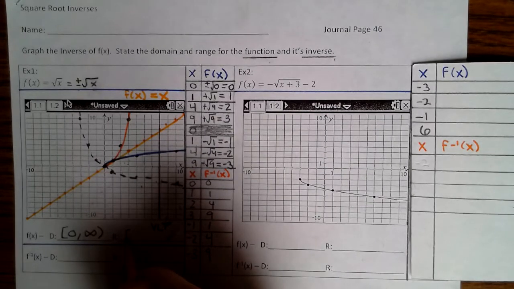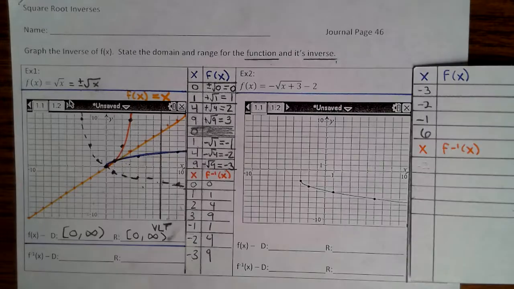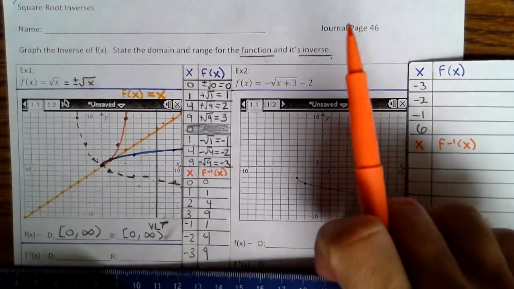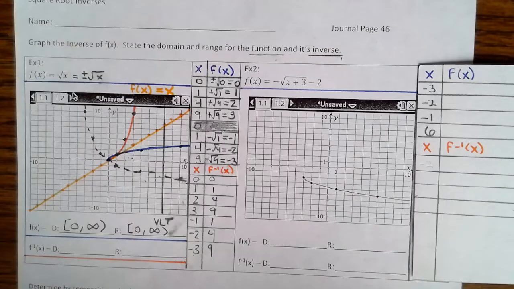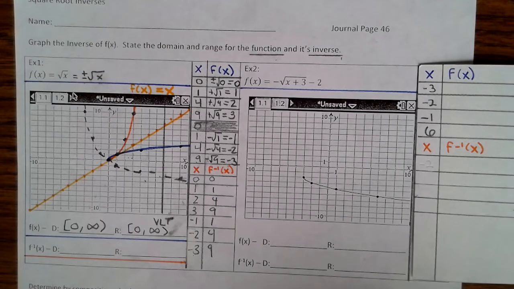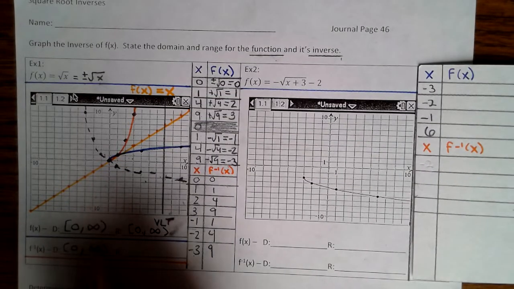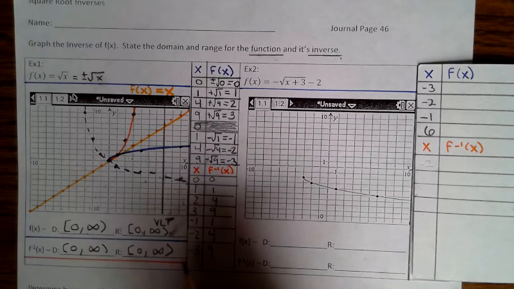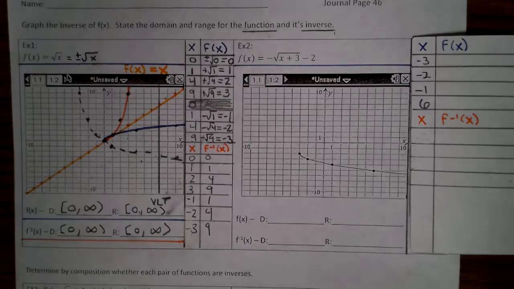Then the domain and range of the inverse is easy. The range becomes the domain, so bracket 0 to infinity, and the domain becomes the range, so 0 to infinity. All right, so go ahead and finish up example 1.